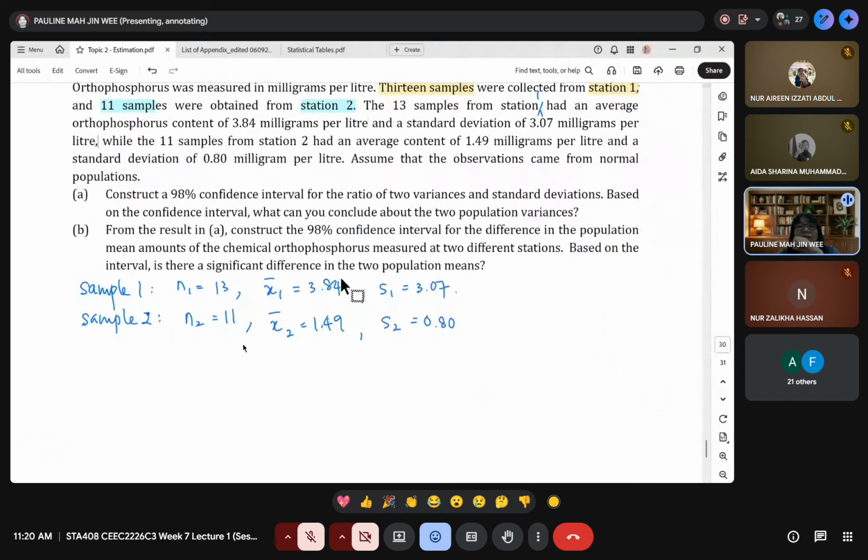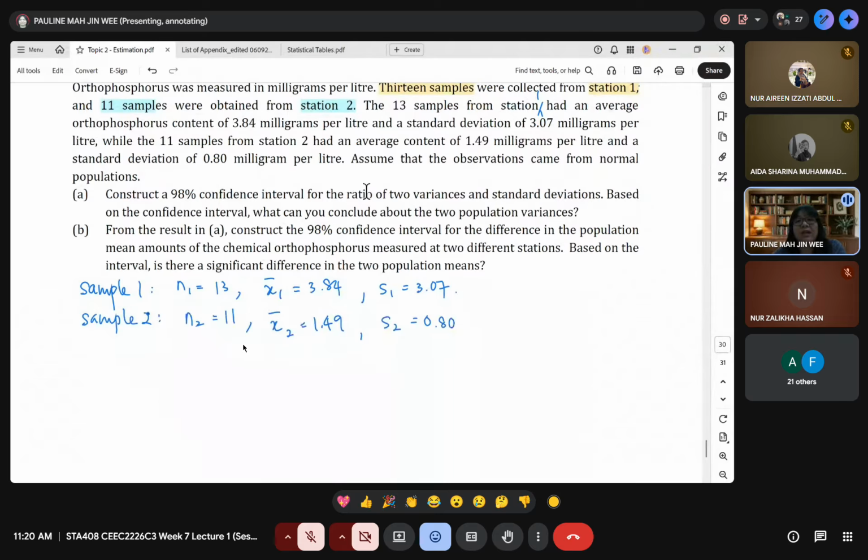But this question doesn't tell you the assumption of variances up to this part. Therefore, part A is important. Look at what part A says. Construct a 98% confidence interval for the ratio of two variances and standard deviations. Based on the confidence interval, what can you conclude about the two population variances?